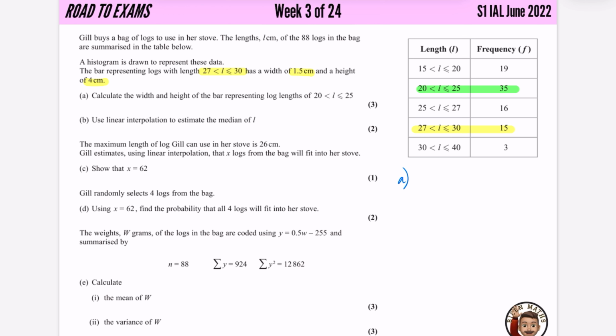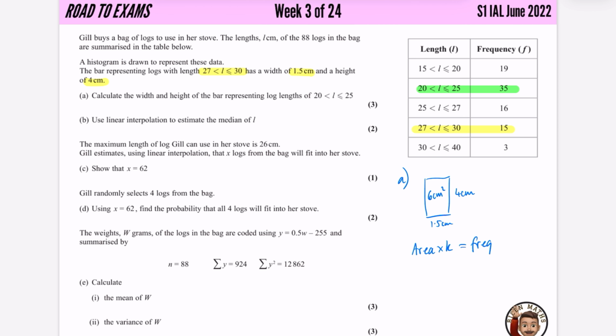So the 27 to 30 is a bar which is 1.5 wide, and for some reason I always like to draw this, and 4 tall. So it's 1.5 centimetres and 4 centimetres. So the area is 1.5 times 4, which is 6 centimetres squared. So we can deal with that part really easily, because the area multiplied by some scale factor is the frequency.